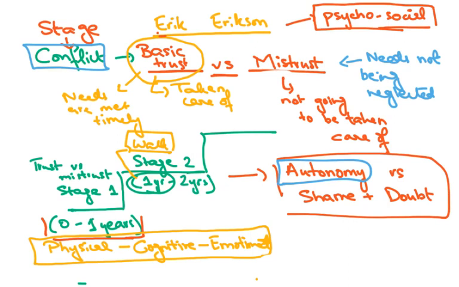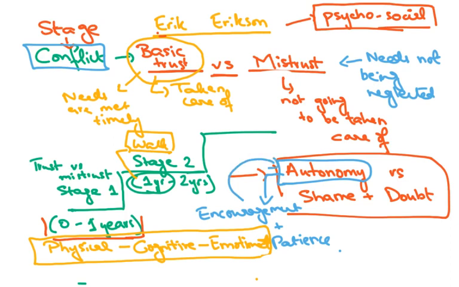But if you're patient with them, if you're encouraging them to keep trying, what will that do? That will help them build autonomy. So with encouragement and patience from the parents, that will lead to autonomy.